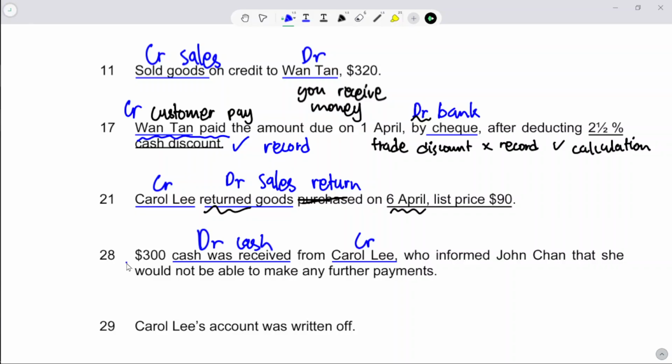Let's go to the next line. He says also two lines. So written off is actually bad debt. So bad debt is an expense. So we debit. Another one will be credit.